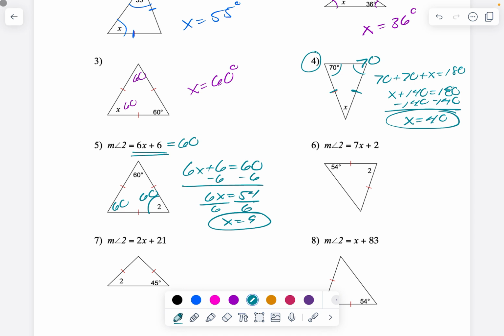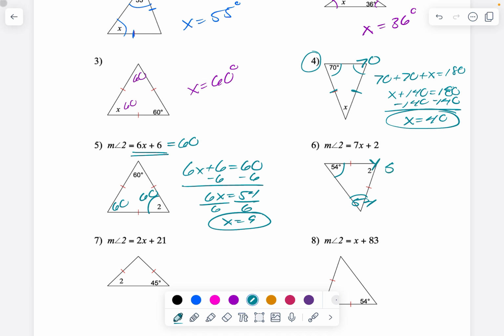So here we have, oh, this one is really interesting. So these are our base angles, so this is also 54. So first of all, we've got to figure out the angle measurement of angle 2. It's going to be weird. I can't really use a 2. You know what? I'm going to call it y. I'm going to call angle 2 y right now.